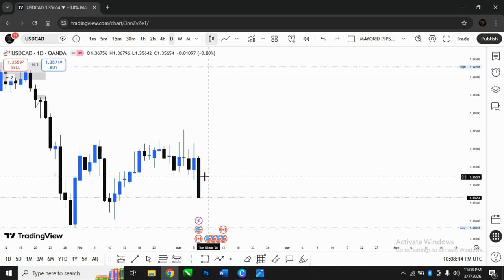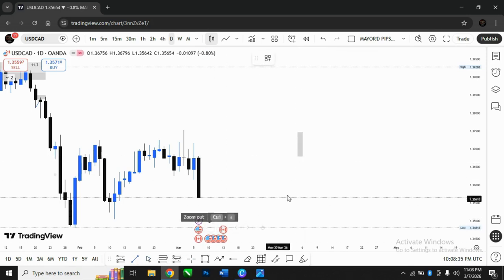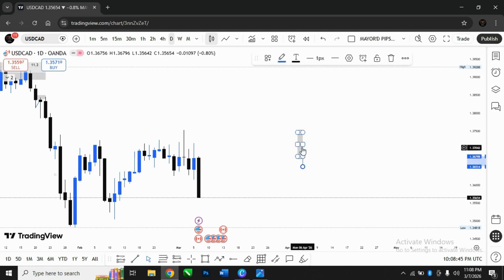So you find a candlestick like this, this is the body, and then these are the wicks.